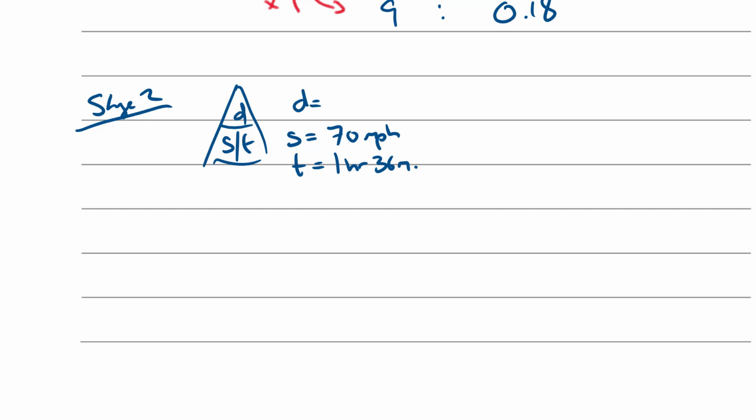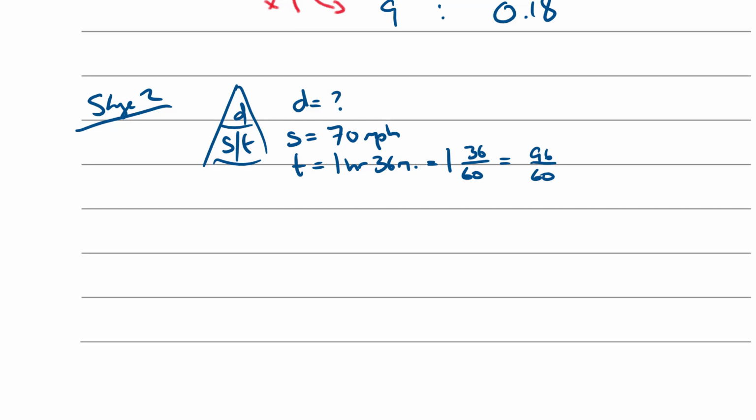So 1 hour and 36 minutes. There are 60 minutes in an hour, so that's 1 hour and 36 sixtieths. In other words, it is 60 plus 36, 96 sixtieths of an hour. Okay, and D is what I want to find.